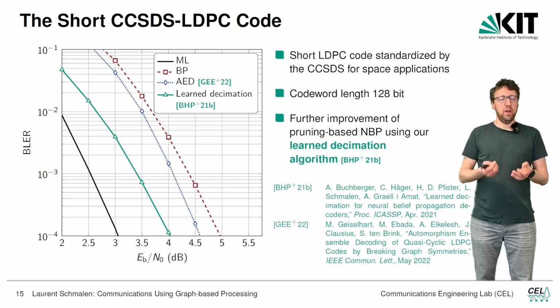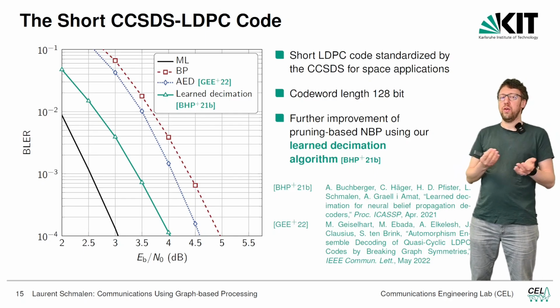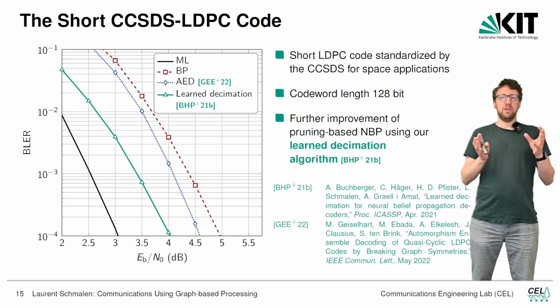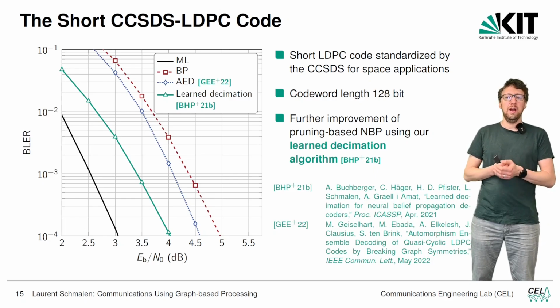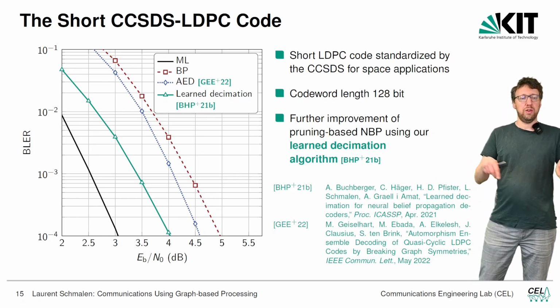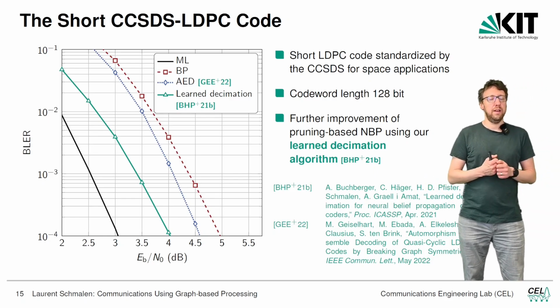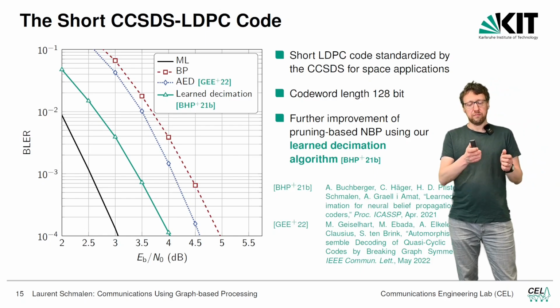This is what we call a learned decimation algorithm. I will not go into the detail in this video because the algorithm itself is quite involved, but I will point you to the literature, which you can also find in the description of the video below.